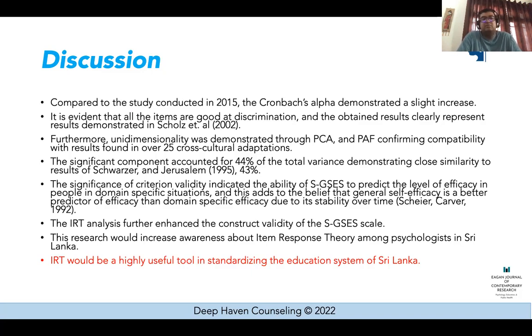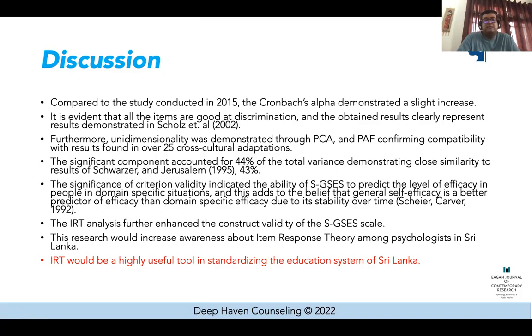And the significant component accounted for 44% of the total variance, demonstrating close similarity to the results of Schwarzer and Jerusalem in 1995, which was 43%. The significance of criterion validity indicated the ability of the single generalized self-efficacy scale to predict the level of efficacy in people in domain-specific situations, and this adds to the belief that general self-efficacy is a better predictor of efficacy than domain-specific efficacy due to its stability over time.